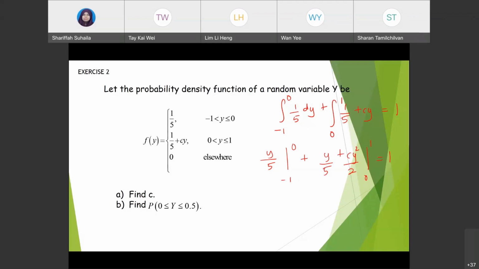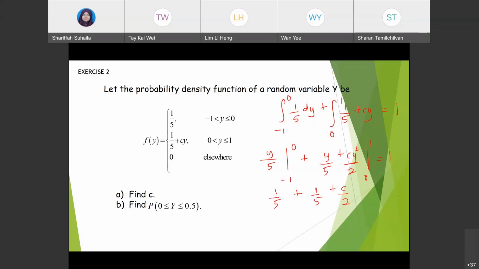Okay, so again, we will have 0 minus minus 1 over 5, plus 1 over 5 plus c over 2. Substituting 0 gives 0. Set it equal to 1.